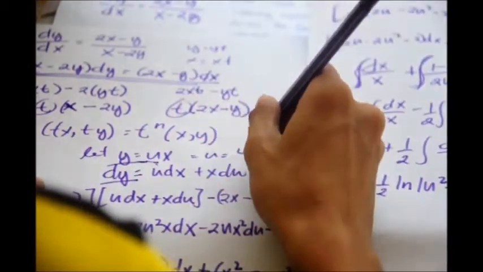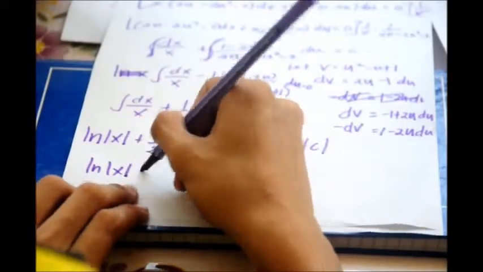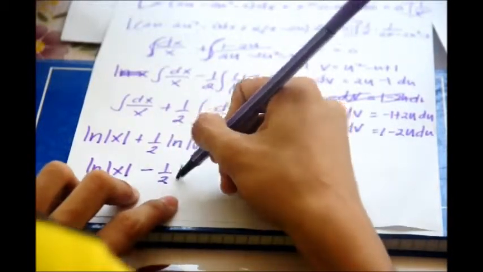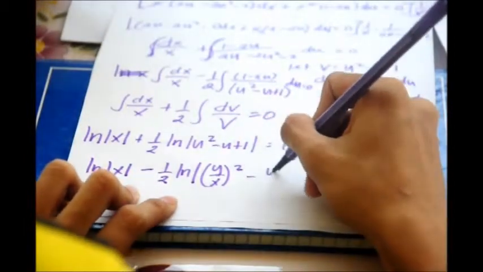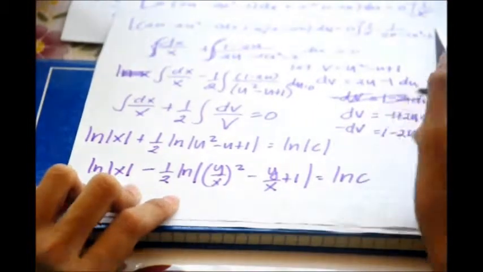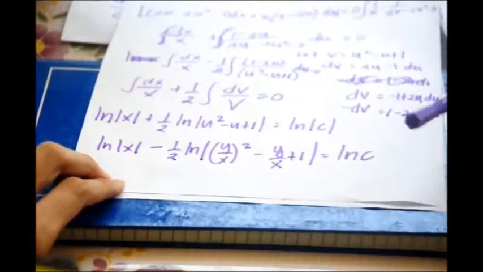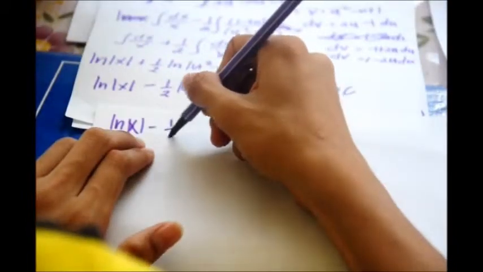So u equals y over x. ln of x is 1 half.